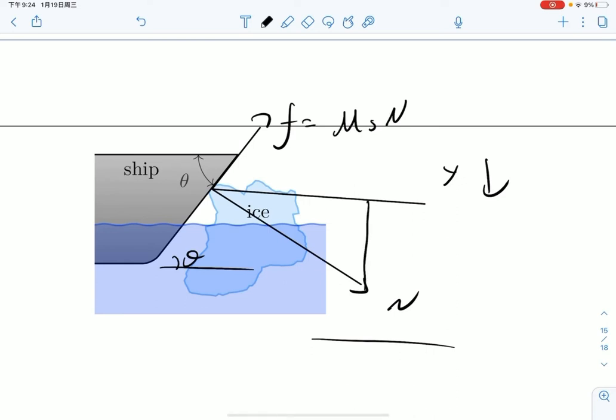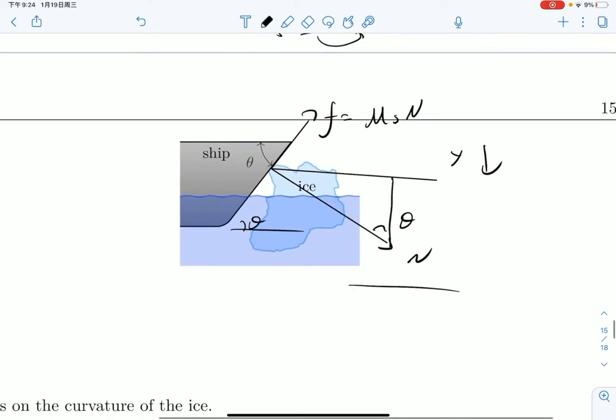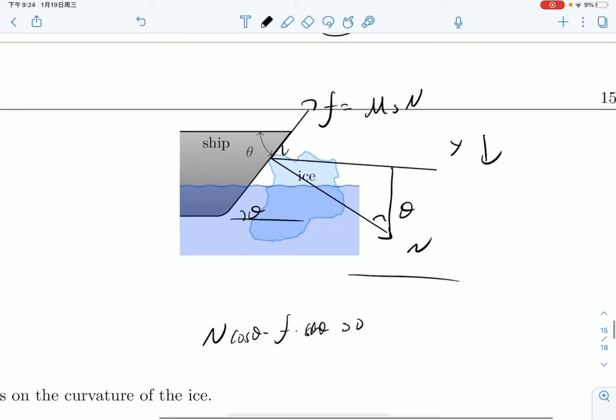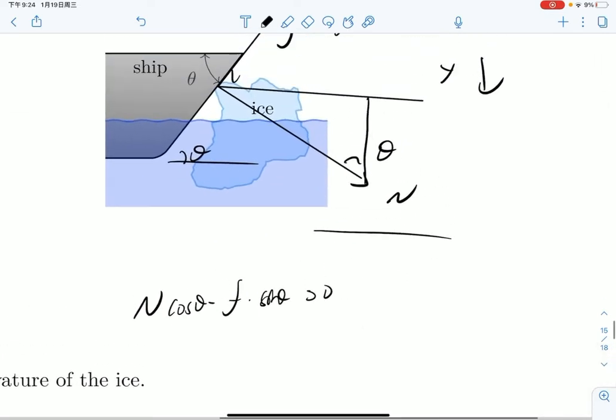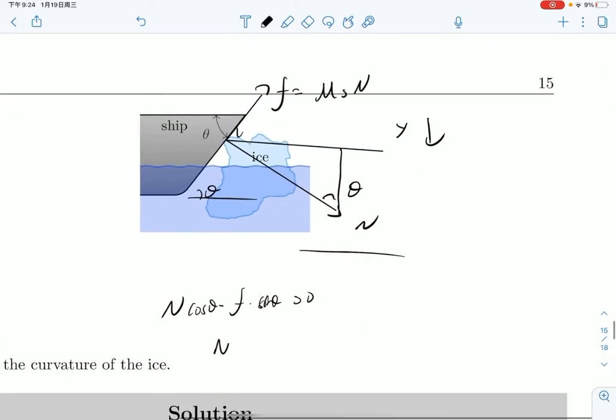and here's theta. So basically, you need to have N times cosine theta minus F times sine theta greater than 0, which gives the condition N cosine theta minus mu s N sine theta is greater than 0.